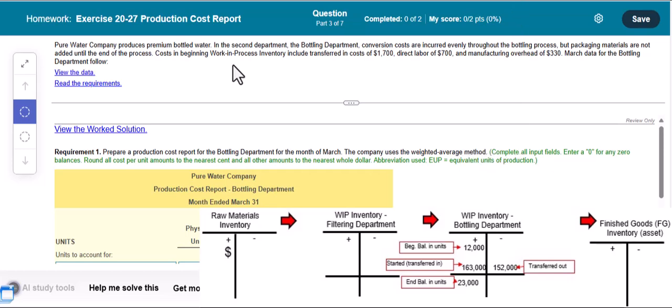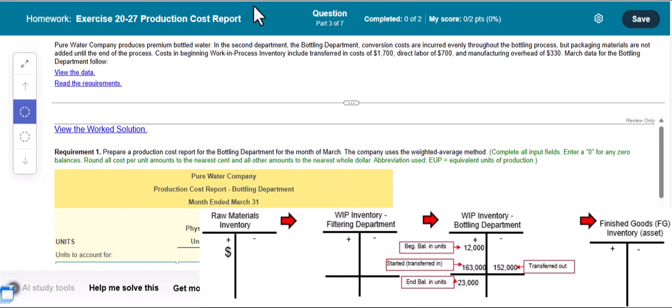What's going on here is when they're bottling their premium water, they take water from their raw materials inventory and it goes into the first process, which is probably the filtering department. I don't think this problem explains what the name of this first department is. The water gets filtered, and once it's done filtering, it transfers into the bottling department.